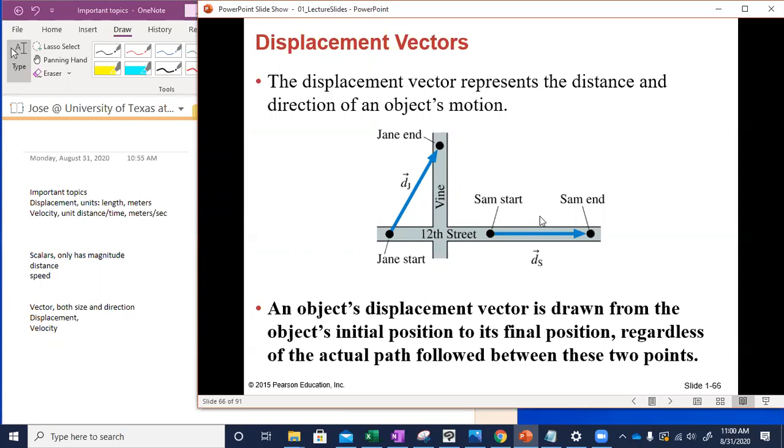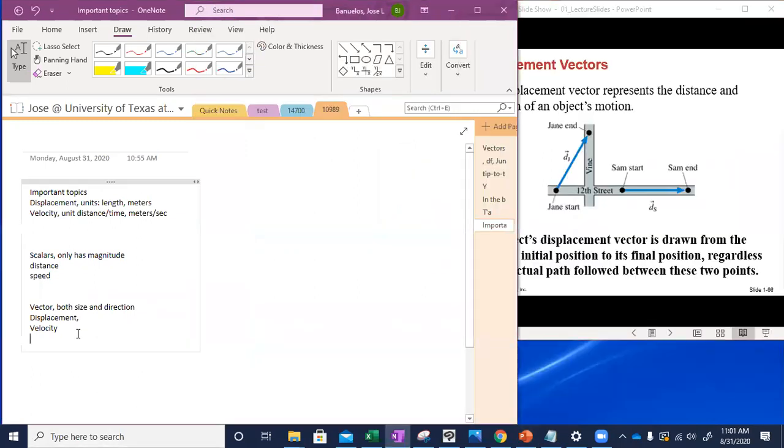Sam has a different displacement, but he moved horizontally. You can almost imagine that if you rotated Jane's arrow, it would fit right on top of Sam's. So that's indicating that they have the same magnitude, but the direction's different. And so we need a way of distinguishing that.